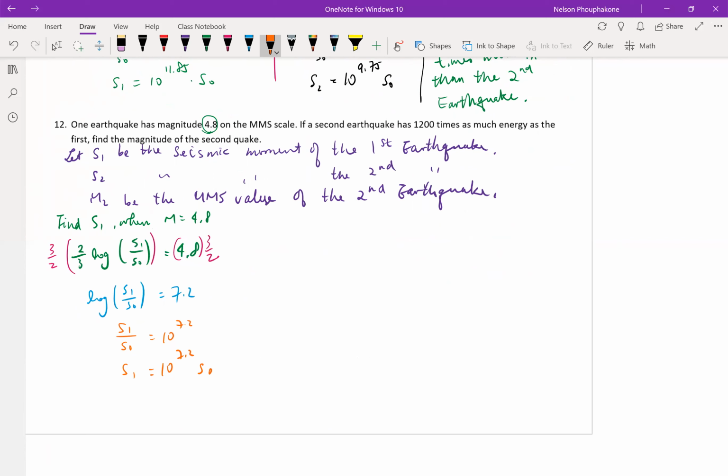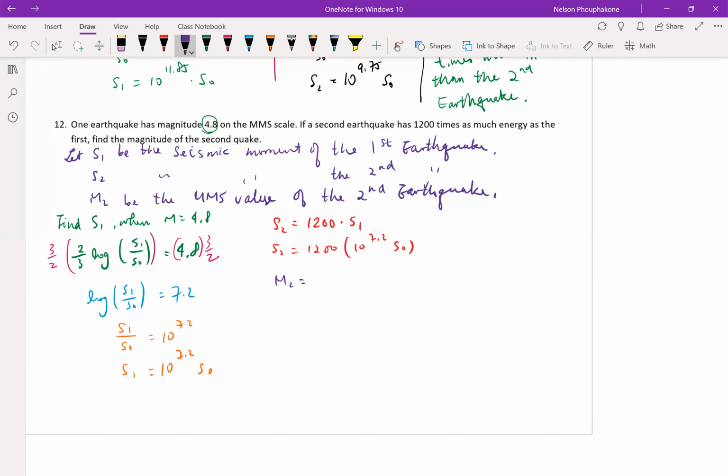Then now, what is S sub 2? S sub 2 is actually 1,200 times more intense than S sub 1, right? So then I could find out that S sub 2 is 1,200 times 10 to the power of 7.2 S naught. Okay. And now I'm going to use this number right here, S sub 2, to help me find M sub 2.